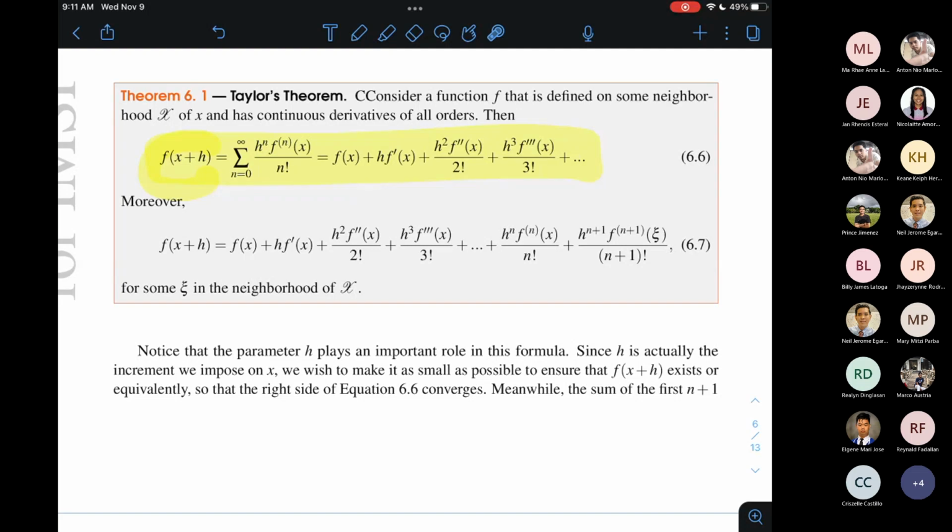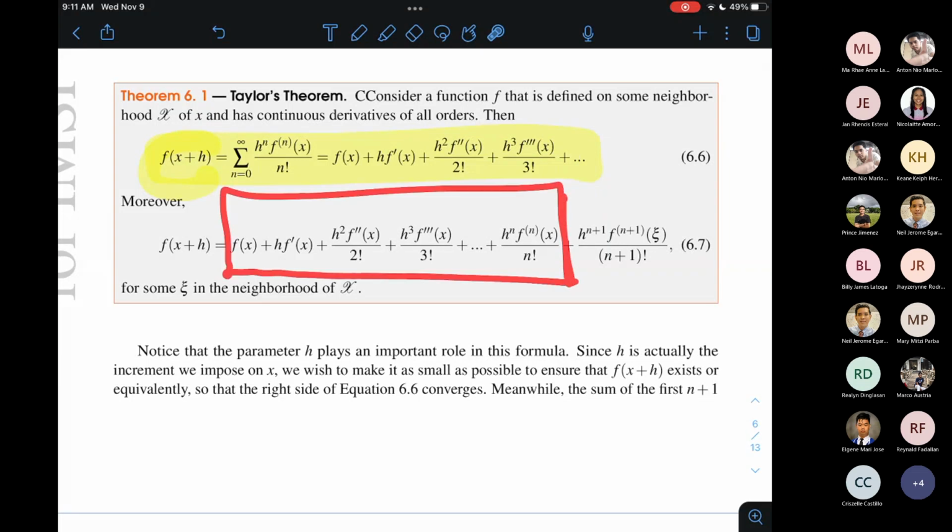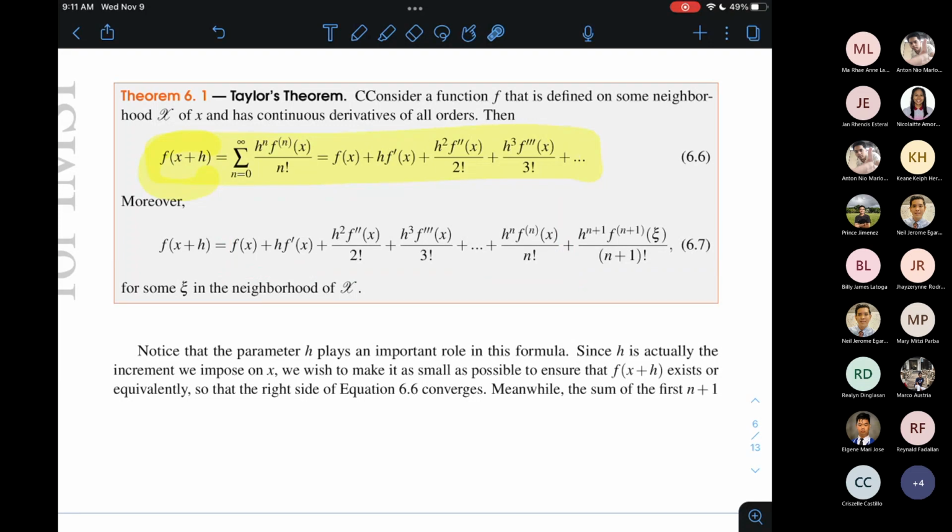Tapos ang error, or yung truncation error, kasi ayaw nating mag-work with infinite series, especially when working with computers, kasi hindi kayang computin ni computer yan with infinite number of terms. Puputulin natin siya hanggang n plus 1 terms. So, ibig sabihin, meron tayong degree n polynomial in the variable h, tapos kailangan nating malaman or we need to keep track gaano kalaki yung error.